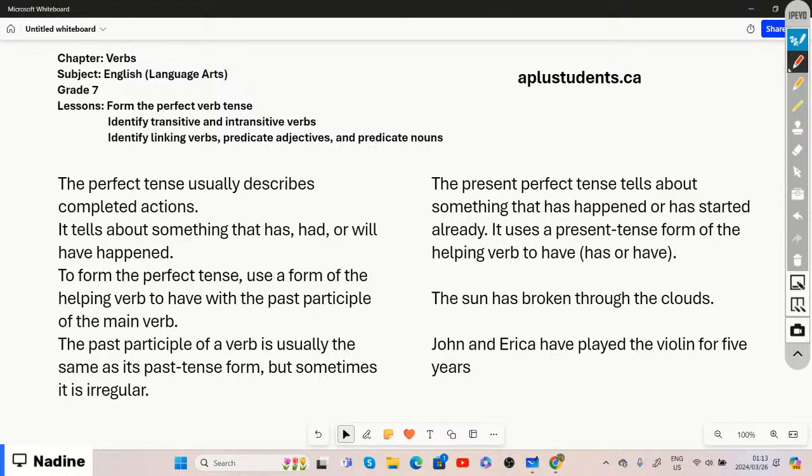Our main verb is played, and our helping verb is the word have. So, John and Erica have played the violin for 5 years.